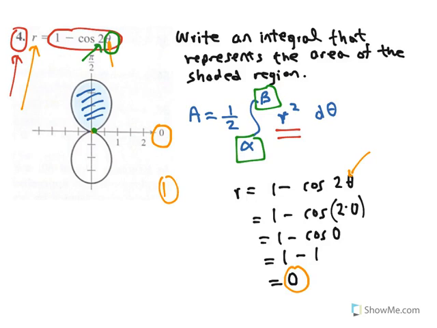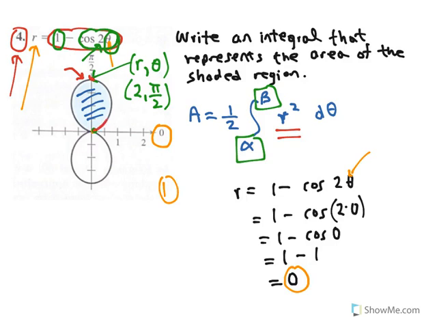Then you'll have cosine of 2 times pi over 2. 2 times pi over 2 is pi. Cosine of pi is negative 1. 1 minus negative 1 is 2. So you would get the point with polar coordinates 2, pi over 2, which is in fact the point here that I'm showing in red.